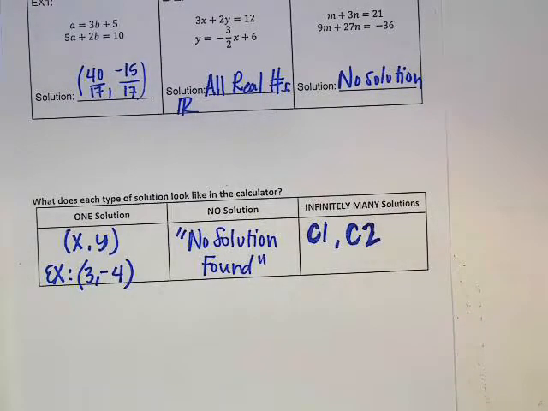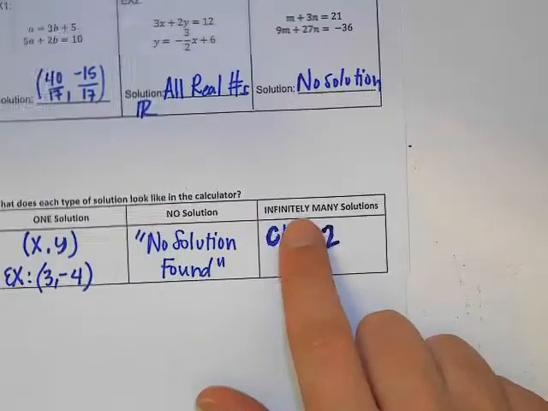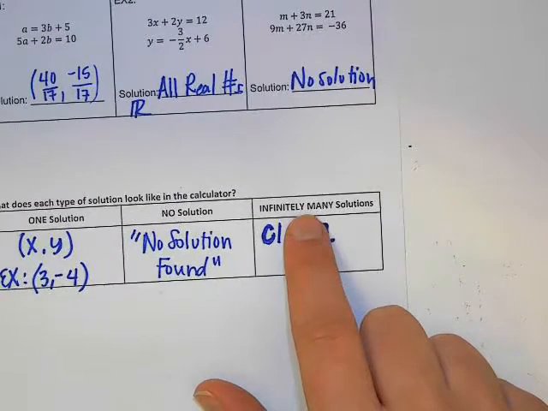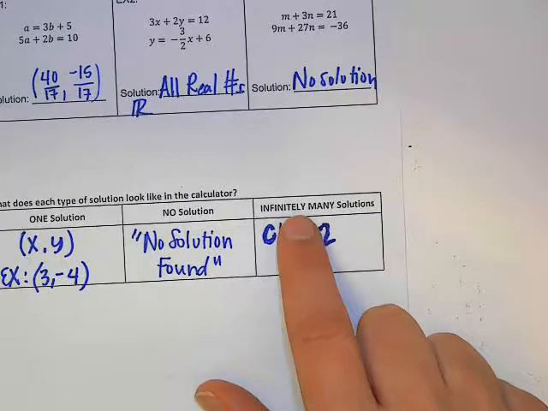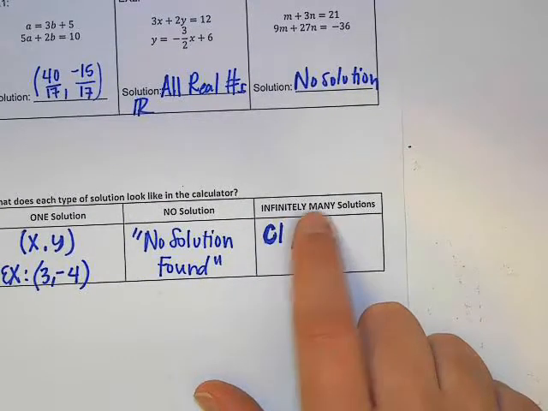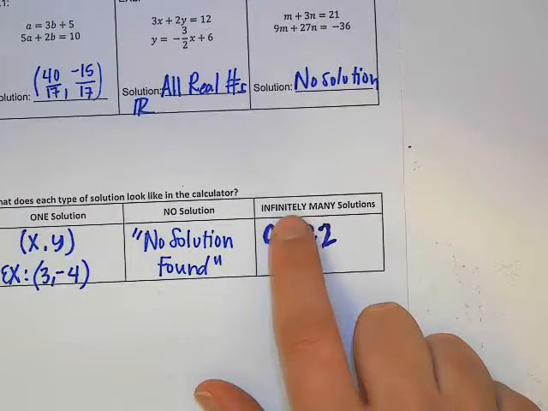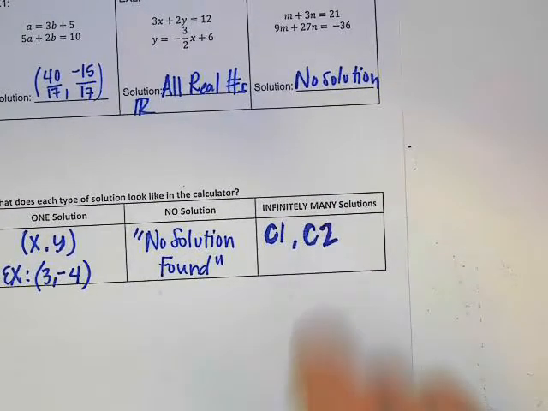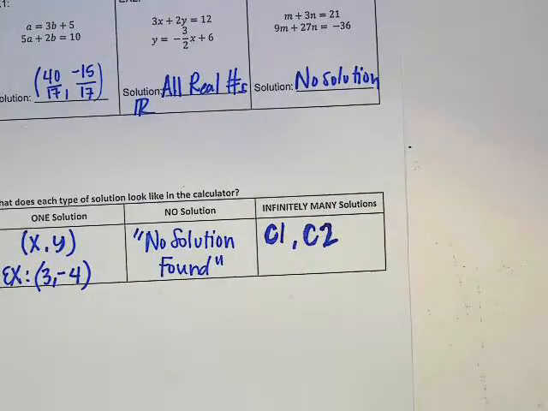All real numbers and infinitely many solutions. What does that mean, infinitely many? They're infinite. There's infinity solutions. There's always going to be a solution because they overlap.